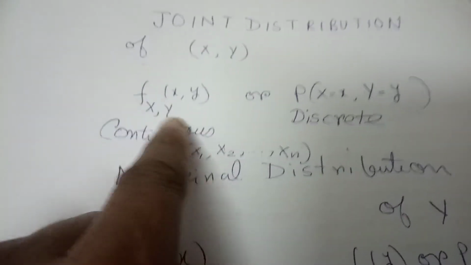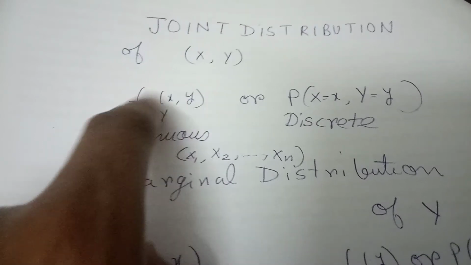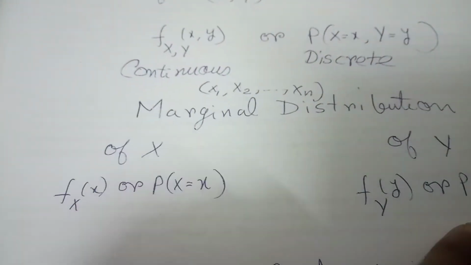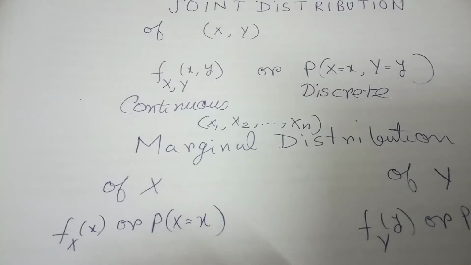Now here is an interesting thing that I wanted to tell you. If I give you this joint density or this joint probability mass function, then you can get the marginal distributions. So can you guess how? I will write it down here.